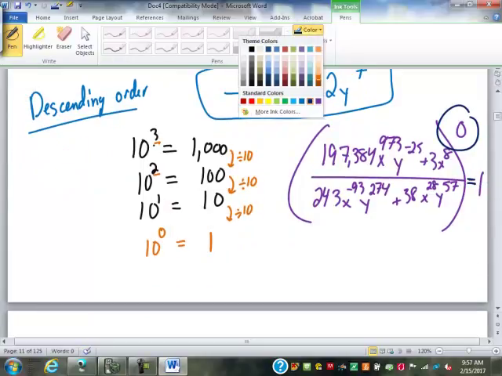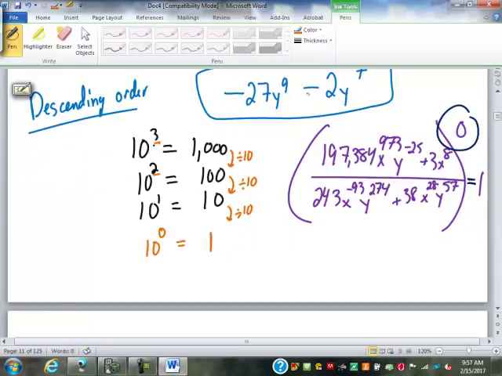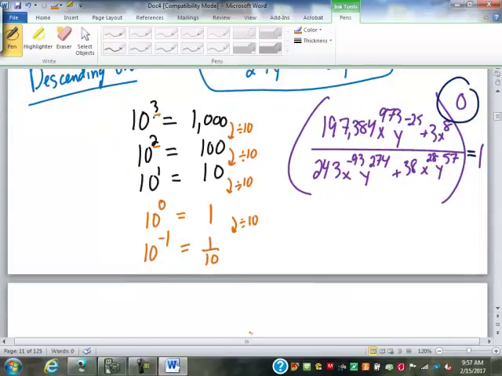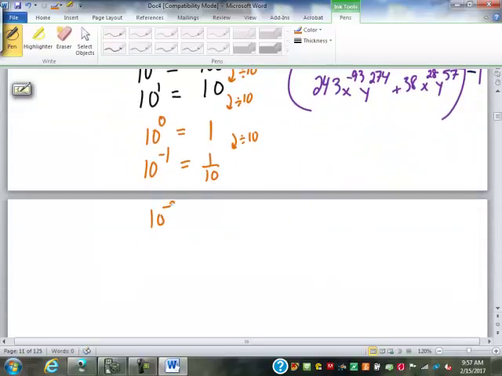So anyway, to keep answering your question here, if I keep going, if I reduce that power by 1 more, from 0 to negative 1, I still have to divide by 10. What's 1 divided by 10? 1/10. If I go down to 10 to the negative 2, dividing by 10 again would be 1/100th. 10 to the negative 3 would be 1/1000th.